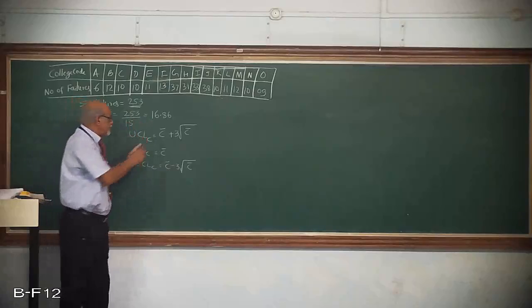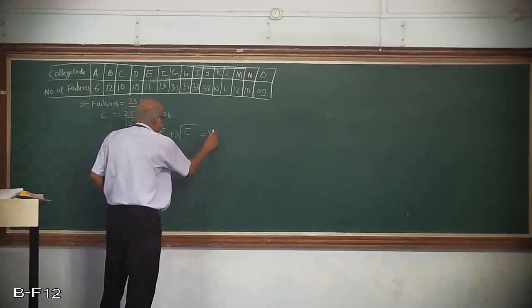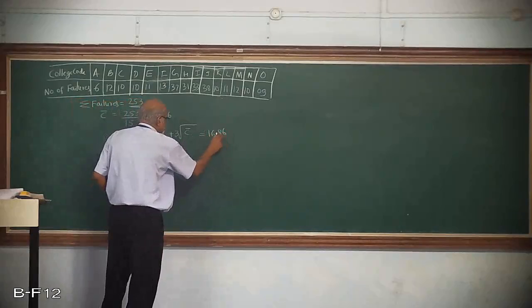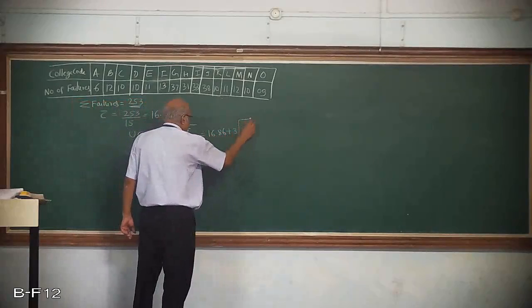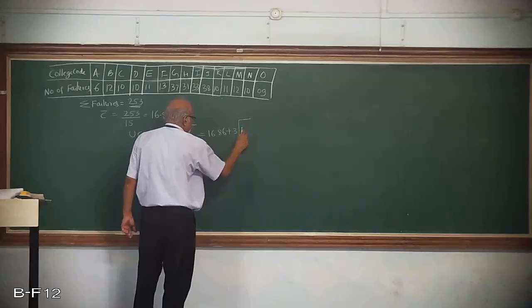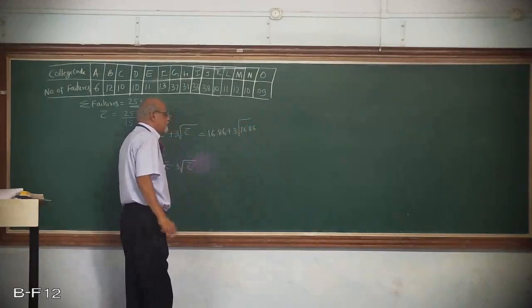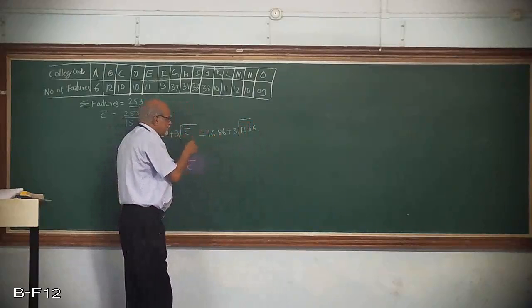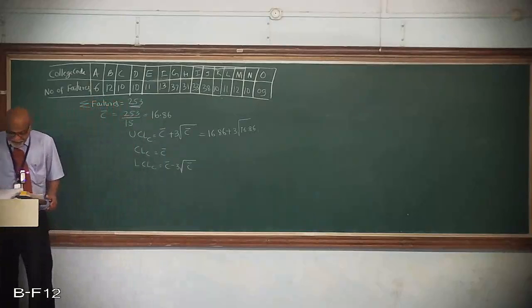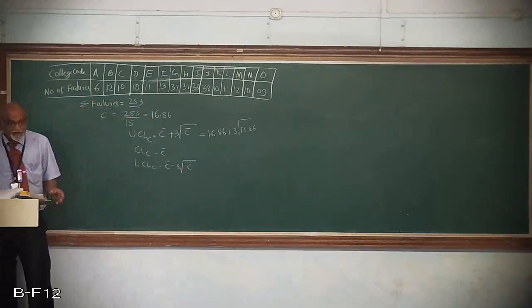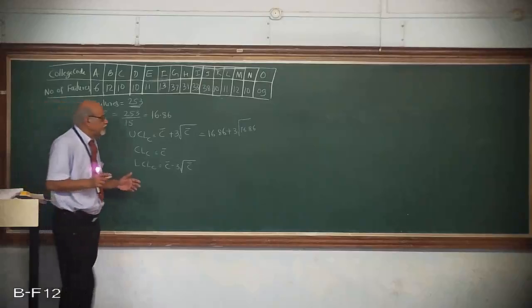So here we have found out that it is 16.86 plus 3 square root of 16.86. This works out to be almost 29, or actually it works out to be 29.17.